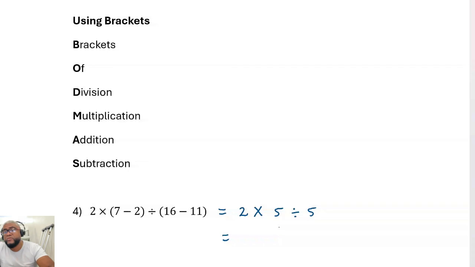So I can move from left to right. I have 2 multiplied by 5. That will give me 10. 10 divided by 5 would give me 2, right? I did my brackets first. Once there was no addition and no subtraction, and it was just multiplication and division, I just moved from left to right, okay?